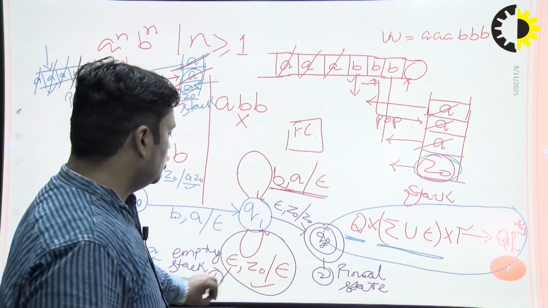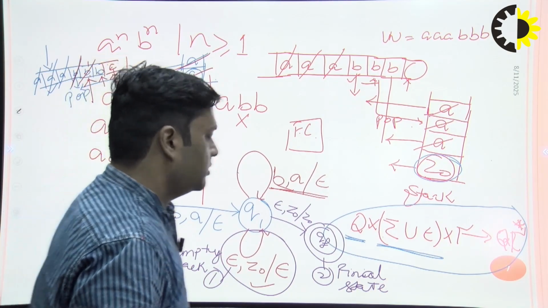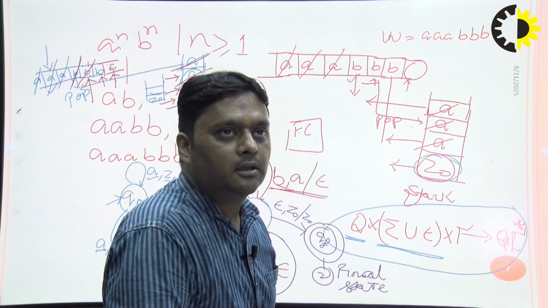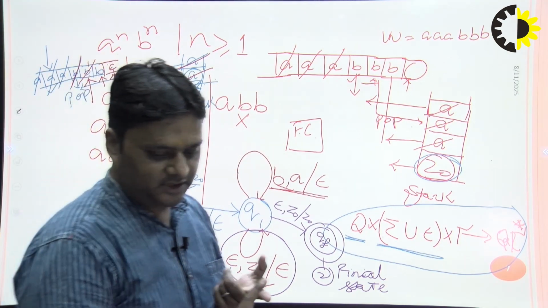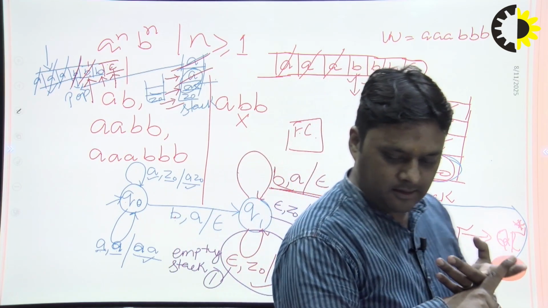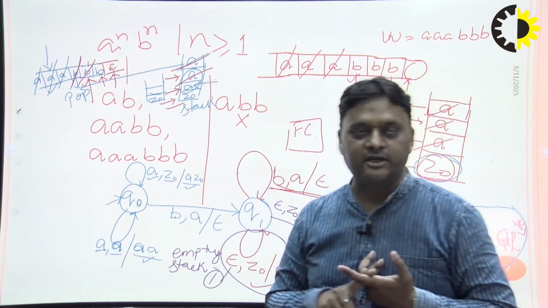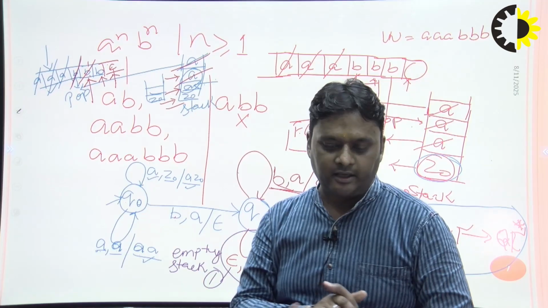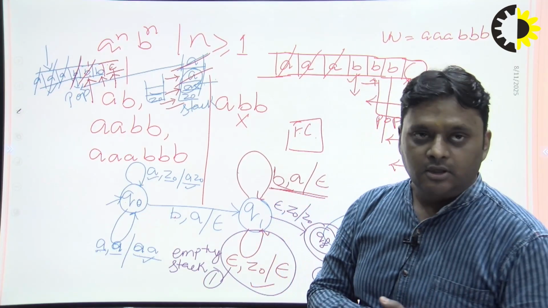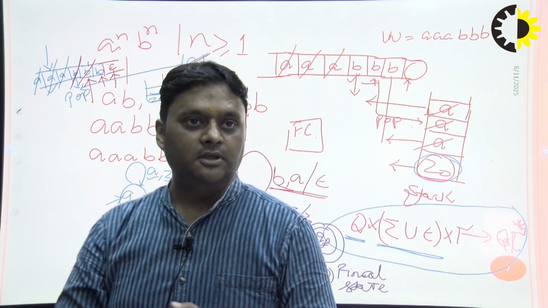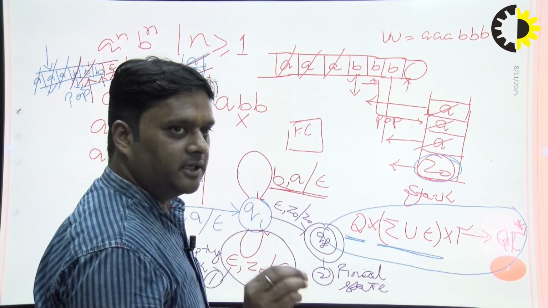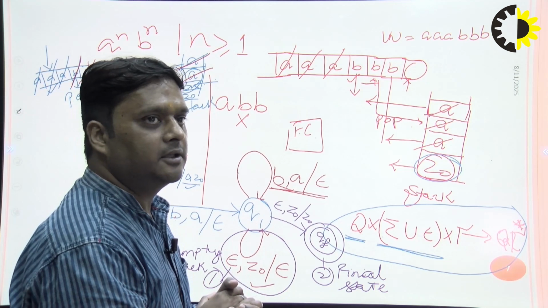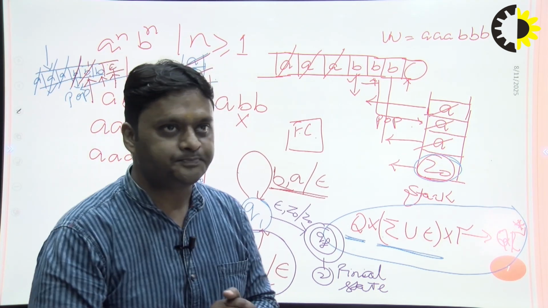These are the two ways where a PDA gets the output: the string is accepted with the final state, and the string is accepted with an empty stack. These two ways are how we accept the string in a PDA.